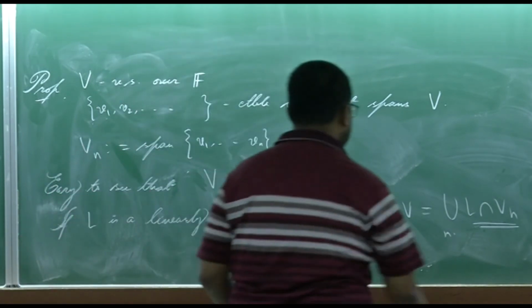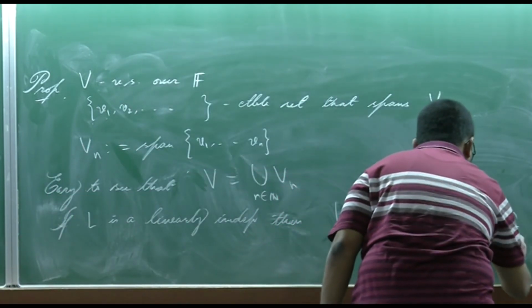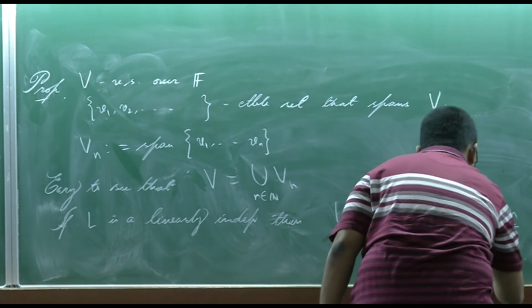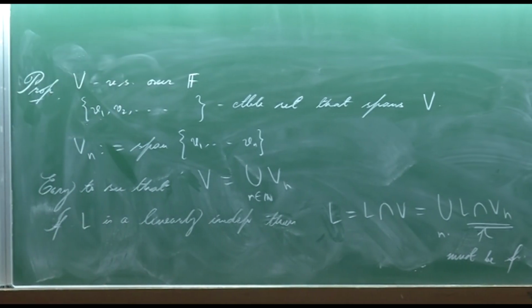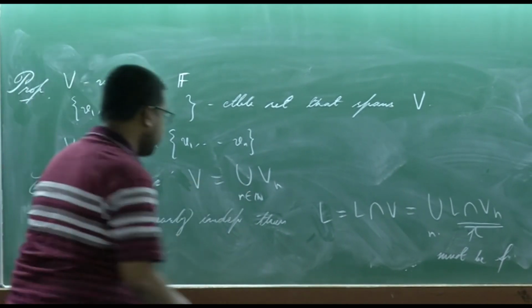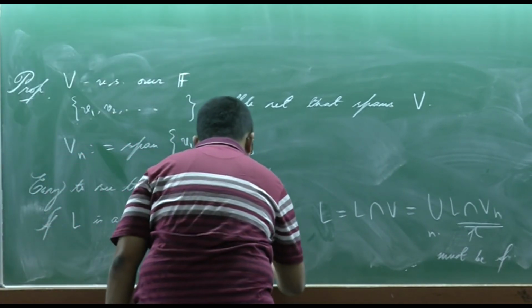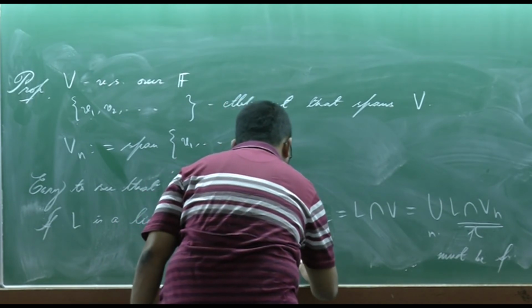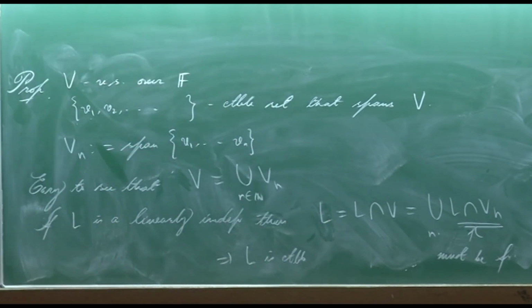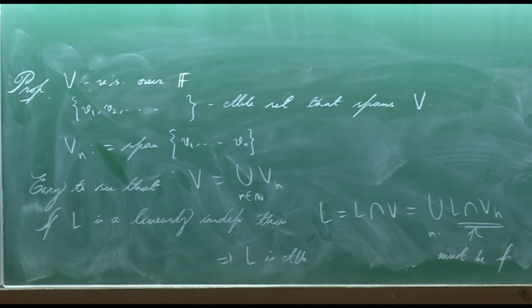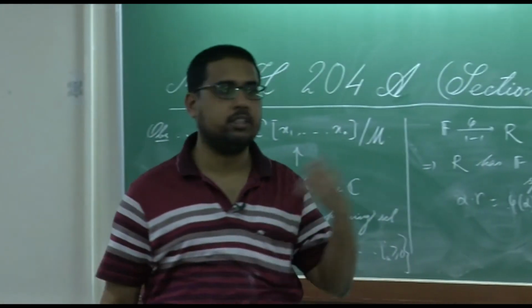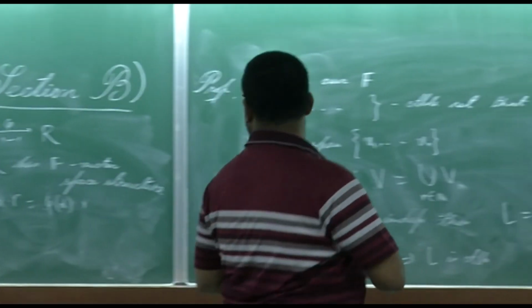So, this must be finite. Thus what you have obtained is L must be countable. So, the upshot is, if a vector space is countably generated, then its every linearly independent subset is countable. There cannot be any uncountable set which is linearly independent.